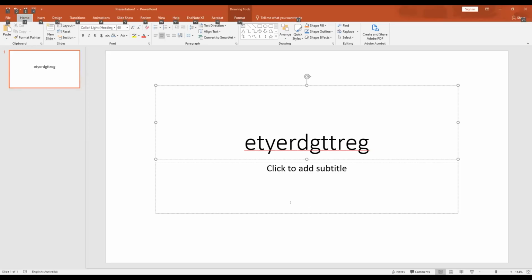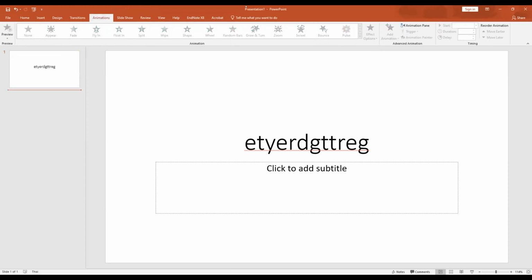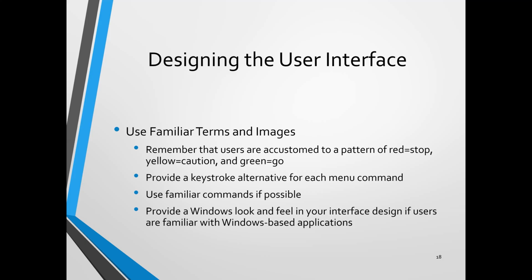For example, once I press the Alt button you see that this is the keystroke alternative. If I press Alt and then A, it means Animations, something like that. This helps users go to that menu easily and quicker.